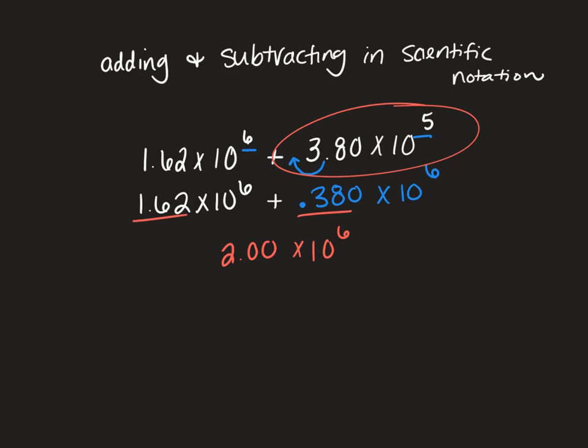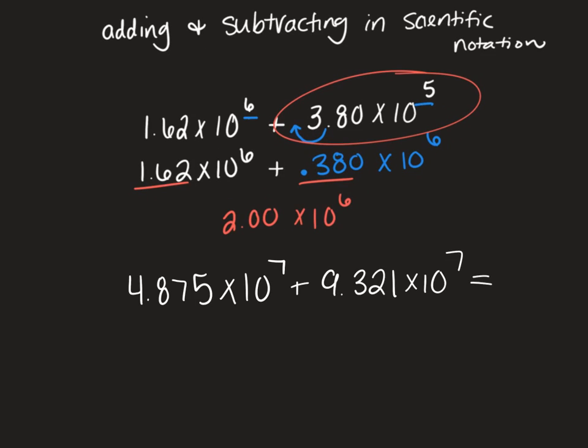So let's look at one where we would have to adjust at the end. All right, so for this example, we already have the same exponents, so that's great. So we're just going to add our 4.875 and our 9.321, and that's going to give us 14.196 times 10 to the 7th.